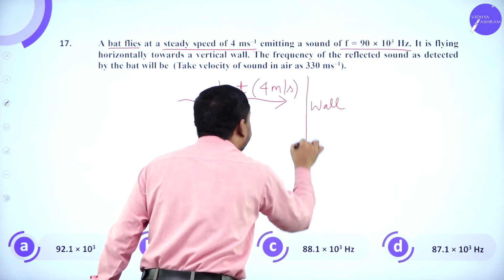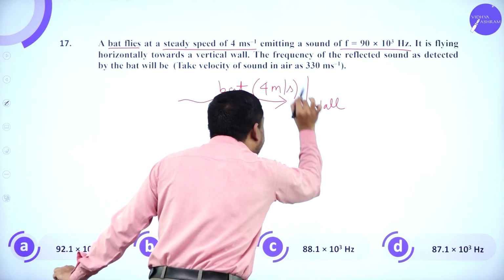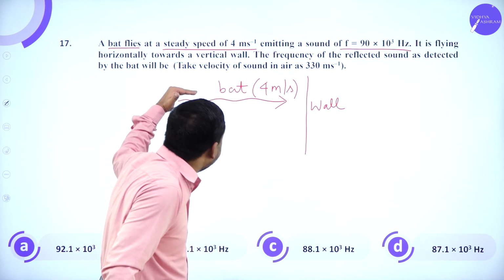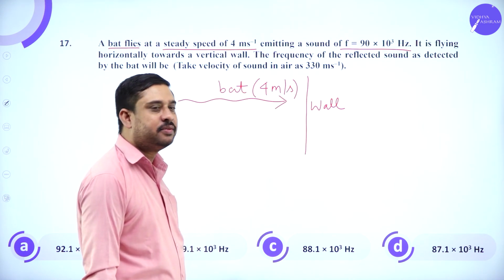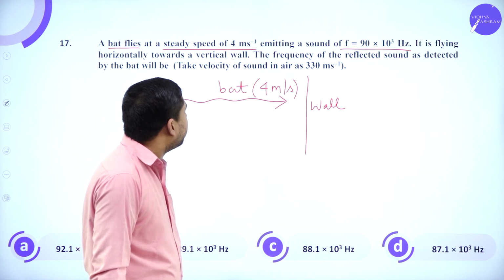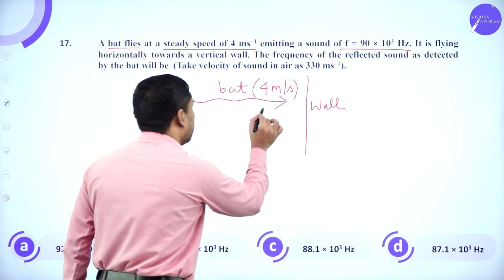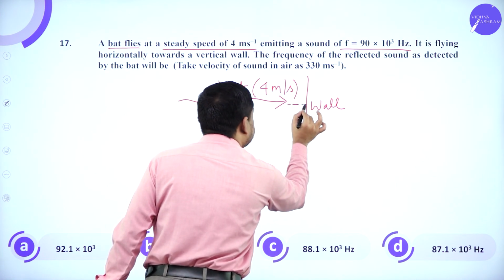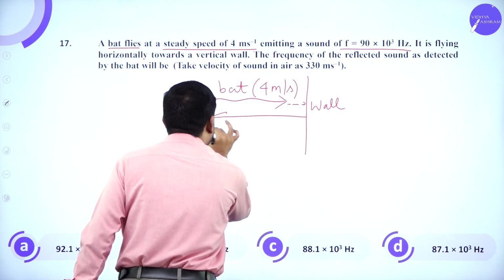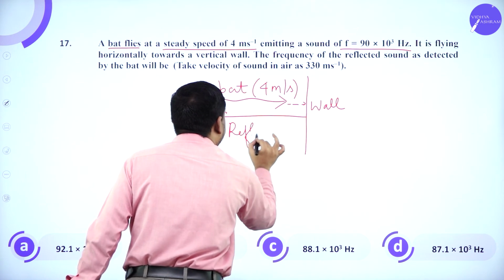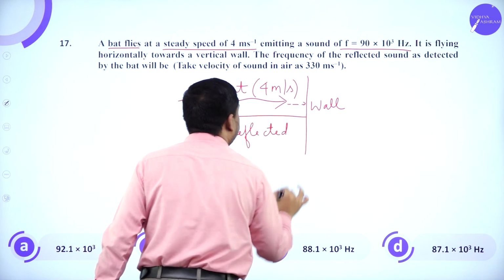There is a vertical wall. It flies horizontally towards the wall. The frequency of the reflected sound. Now the sound is striking the wall and it is getting reflected.